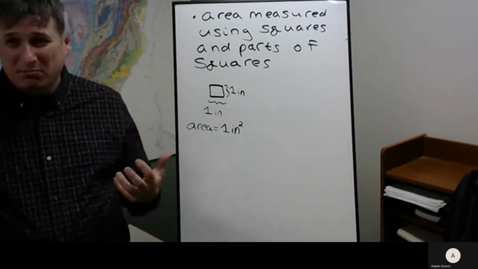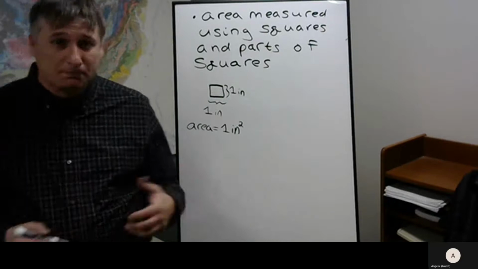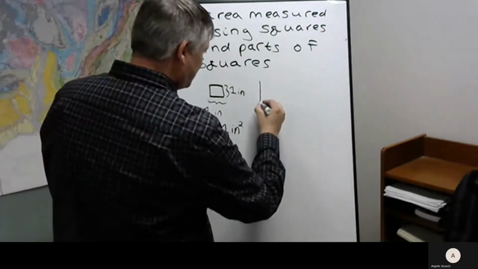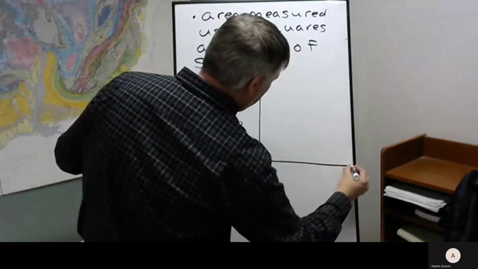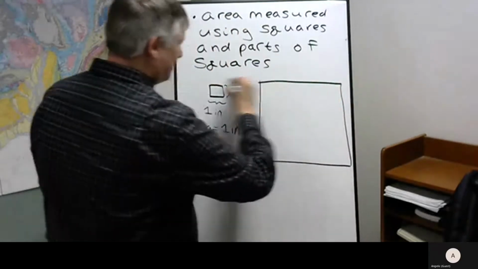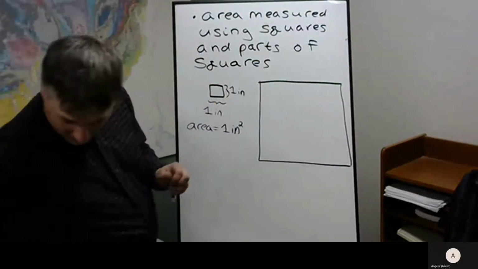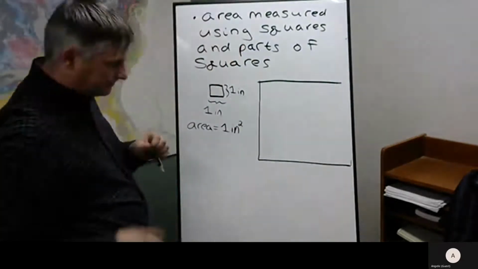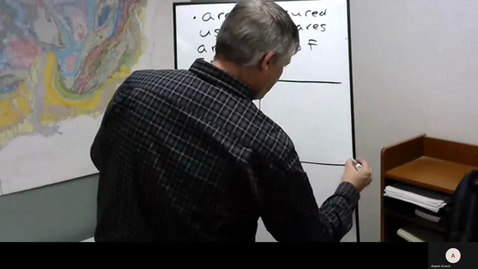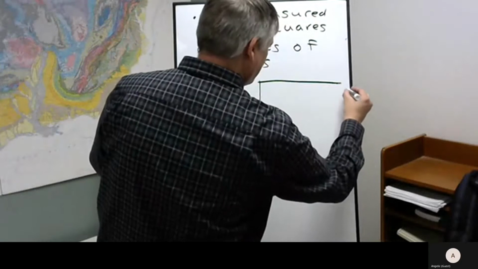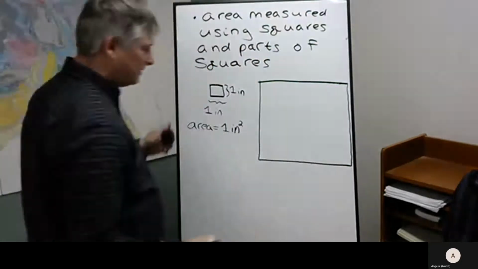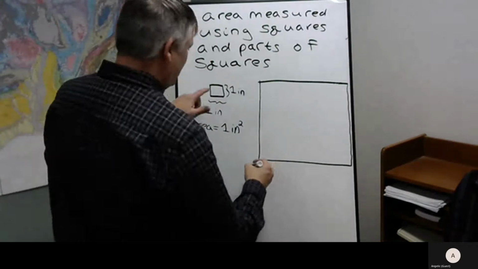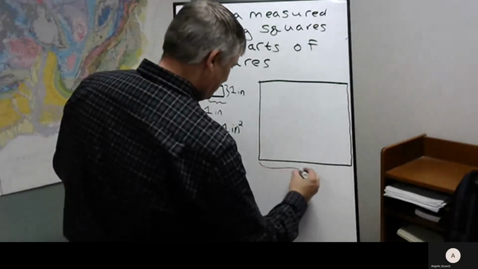Now we might deal with something bigger, like say the area of a room, say the floor space. Now these aren't drawn to scale, but let's say we have a square this big. And again, this is not drawn to scale.